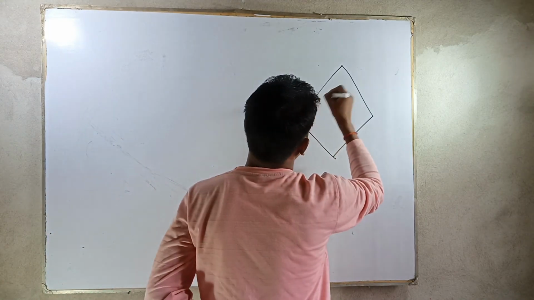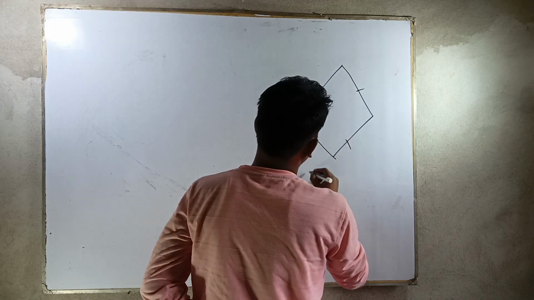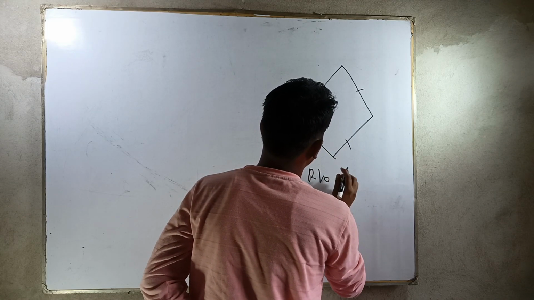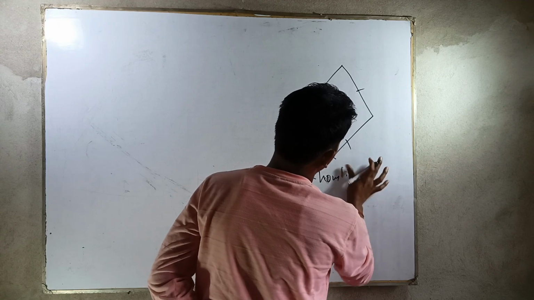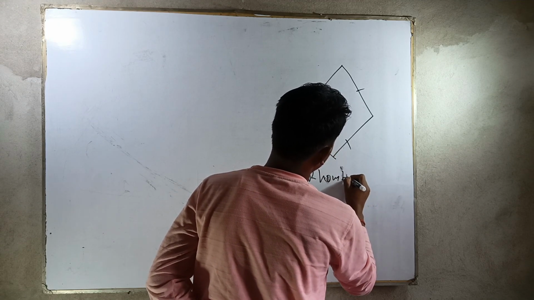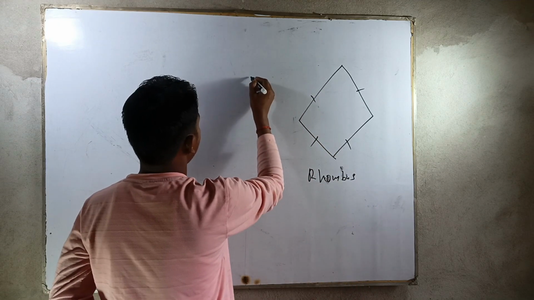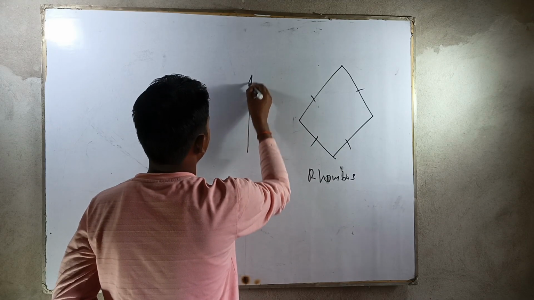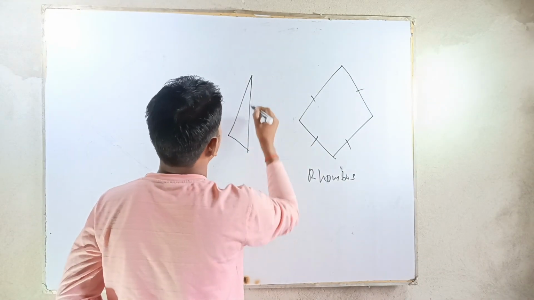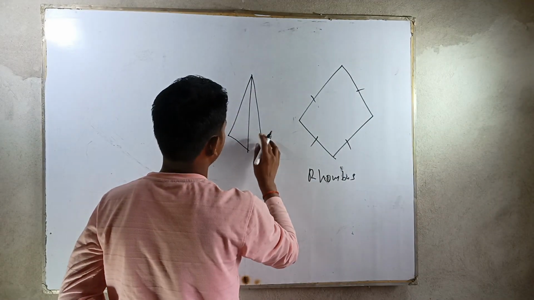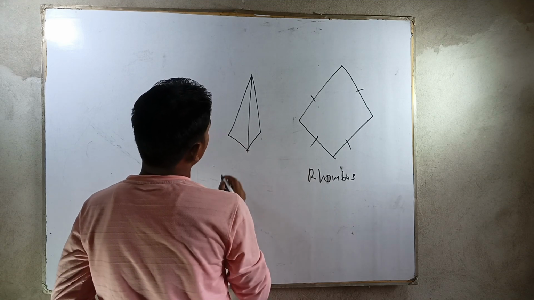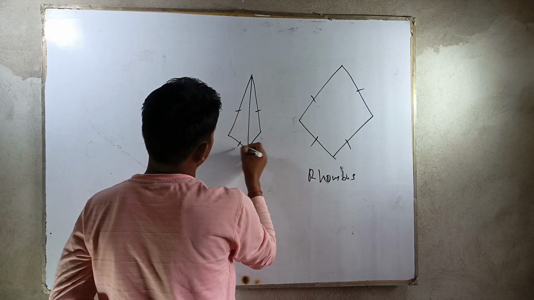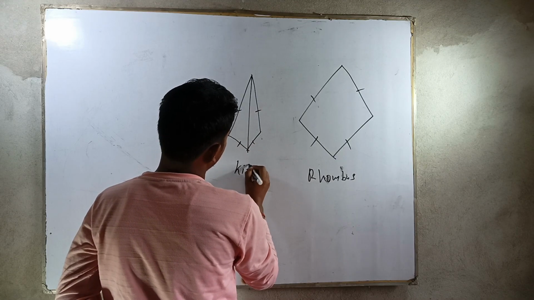So this one is a rhombus, and this one is a kite.